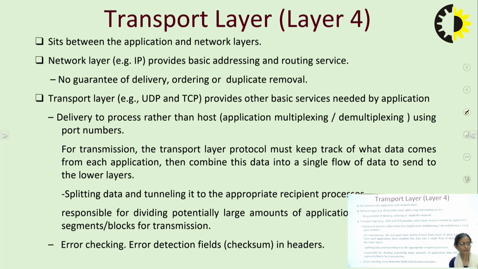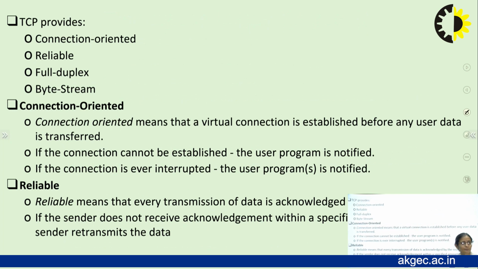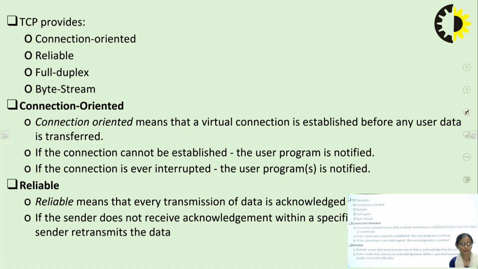Then error checking is done here, that is, error detection fields, or you could say checksums, are present in the headers. So in all, TCP provides connection-oriented, reliable, full duplex and byte stream features. What is the meaning of connection oriented? Connection oriented means that a virtual connection is to be established before the communication begins.